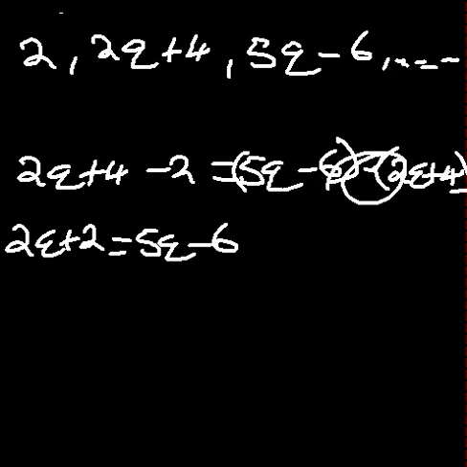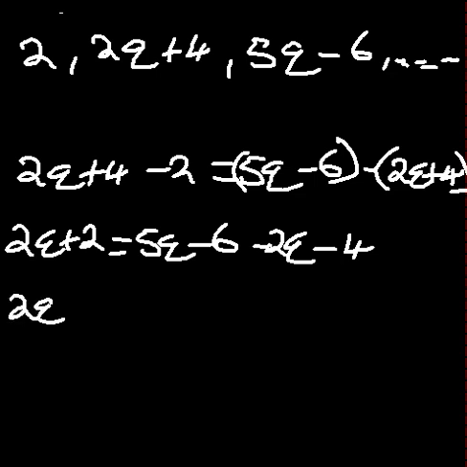Then we distribute the negative, giving negative 2q and minus 4. Having the like terms together, 5q minus 2q gives 3q. So we have 2q plus 2 equal to 3q minus 10.